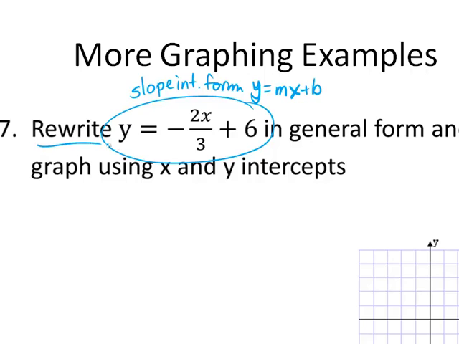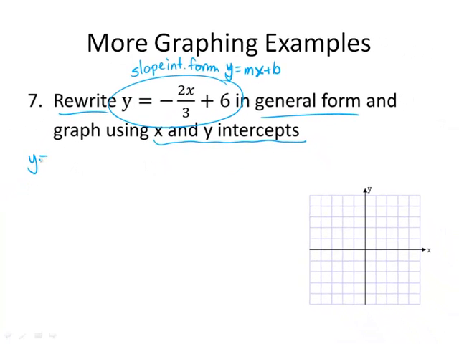They want you to rewrite it in general form and then use the x and y intercepts to graph it. So let's try that. We've got y equals negative 2x over 3 plus 6, and we want to get that back to general form, which was ax plus by equals 0.